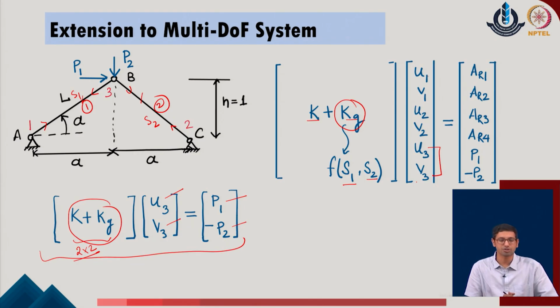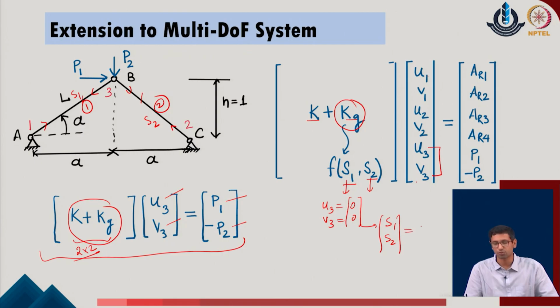So, the question arises: how do we solve this problem in which the forces S1 and S2 are updating themselves at each instance? To start with, we initially consider that the system has no displacement, so the values of the displacements u3 and v3 are 0. We consider what the forces in the given system, S1 and S2, will be.